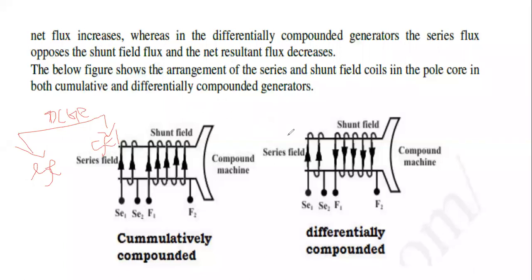Next, coming to the long shunt compound generator. Long shunt means the shunt field winding is connected across the combination of the series field winding and the armature. First, we connect the series field winding in series with the armature. After that, the shunt field winding is connected in parallel to both the combination of the series field winding and the armature.